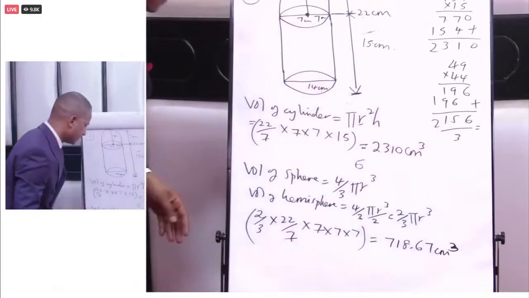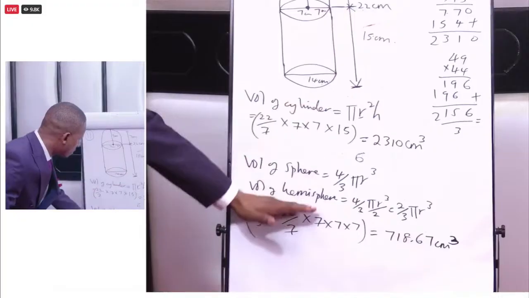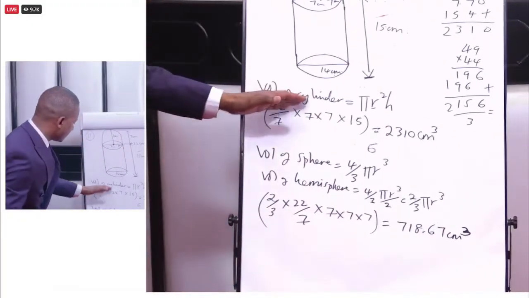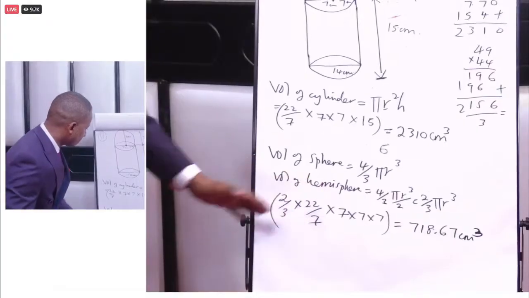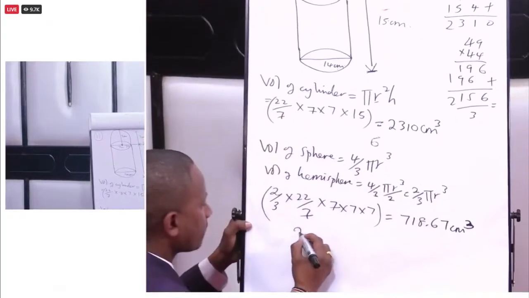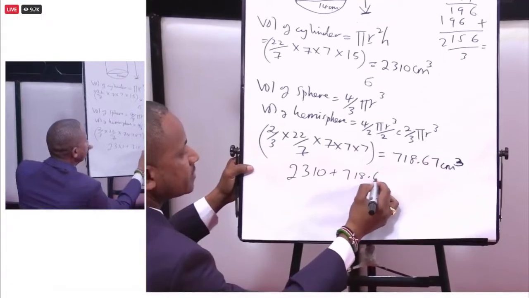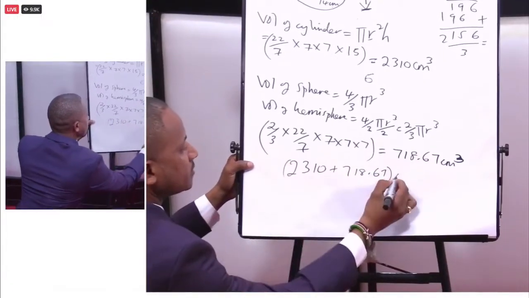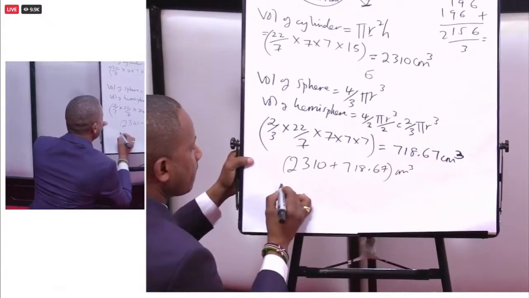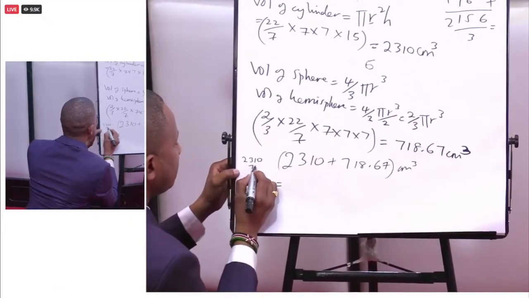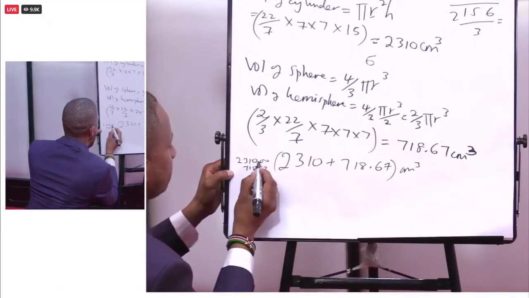Squared is an area. So therefore, the total volume of this figure is the volume of the cylinder plus volume of the hemisphere, which is 2,310 plus 718.67 centimeters cubed. What do you get here? 2310 plus 718.67.